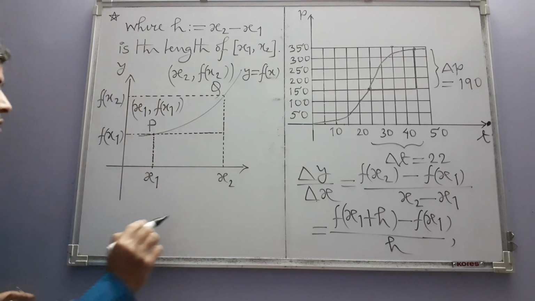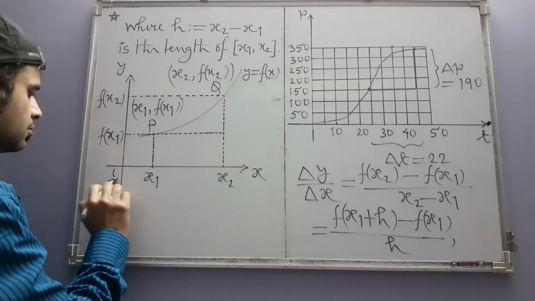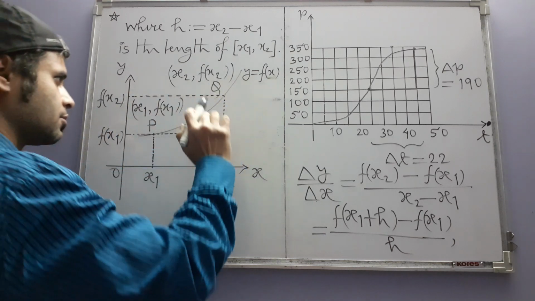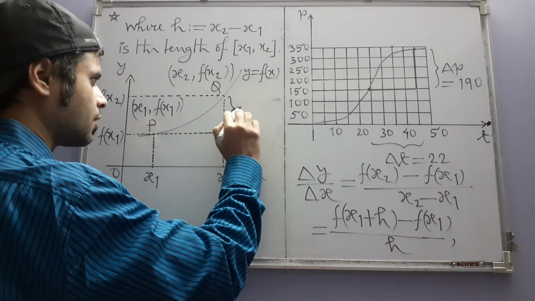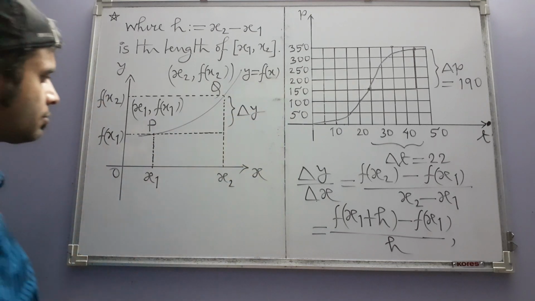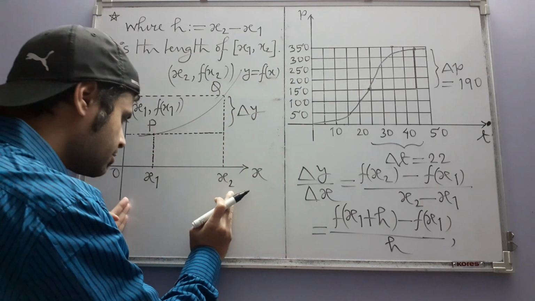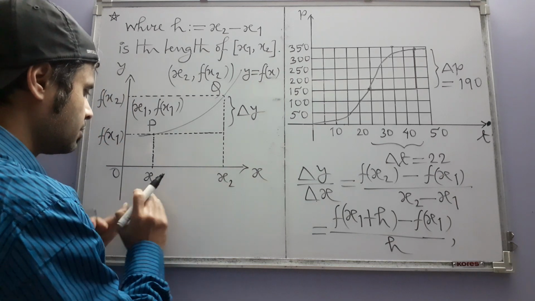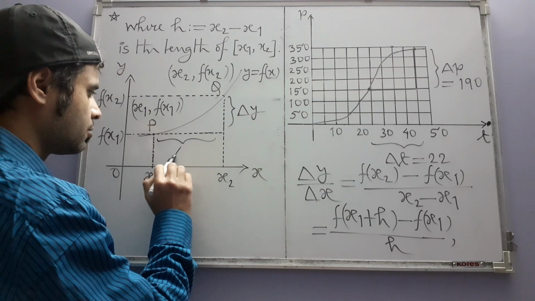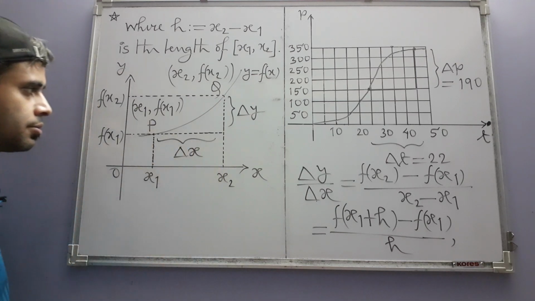This is the y axis, this is the x axis, this is the origin. So, f of x2 minus f of x1, this much is our delta y, whereas x2 minus x1, that means this much is delta x.